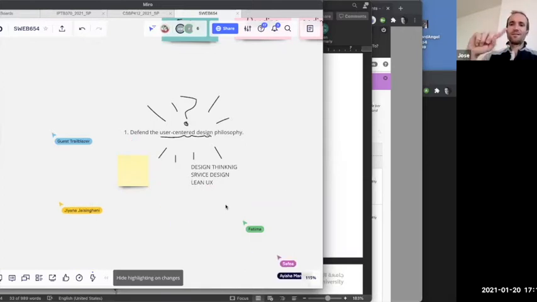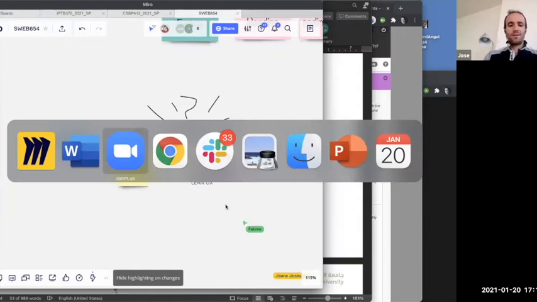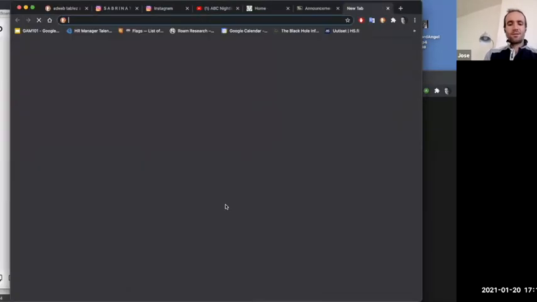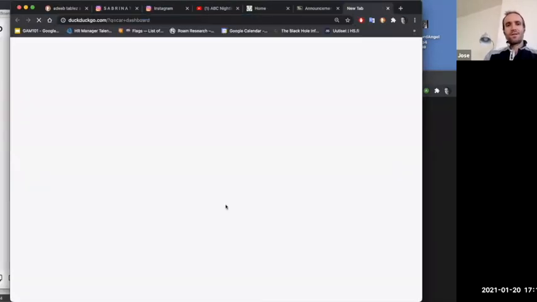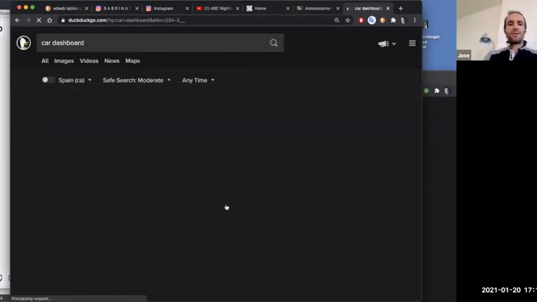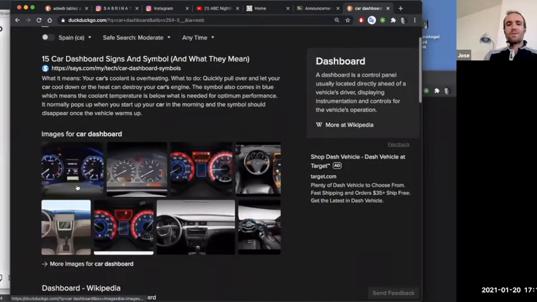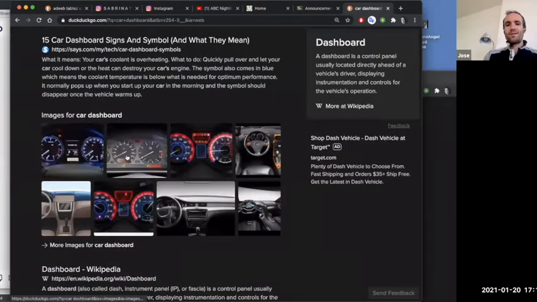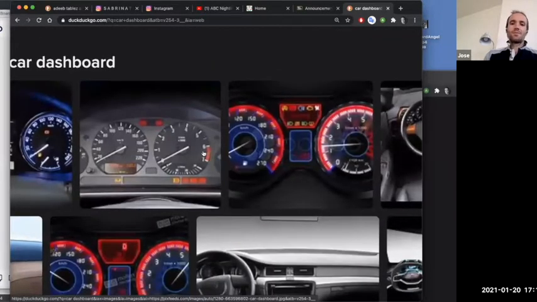Yes, that's called the speed meter. You see my screen, right? So a car dashboard like this one, for example. There are many ways to do a car dashboard. This is one of them, and this is the most common.